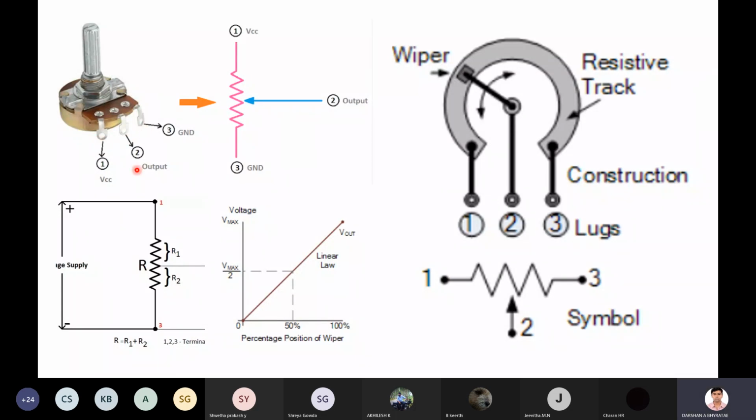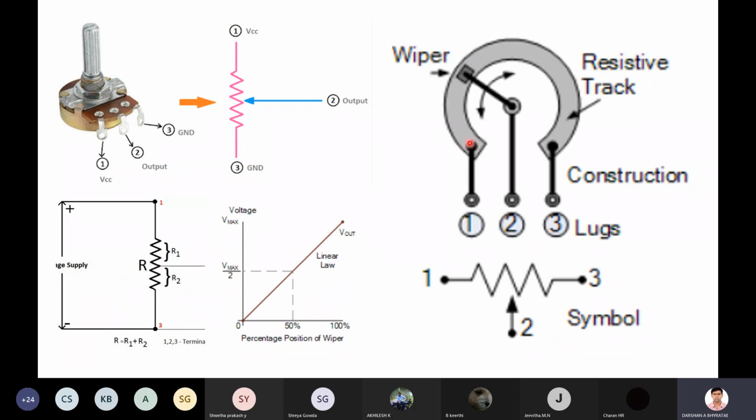Terminal 1 I am going to connect to the positive voltage, and 3 to the negative terminal of my voltage. And 2 is the angular rotation, we call this the wiper here.